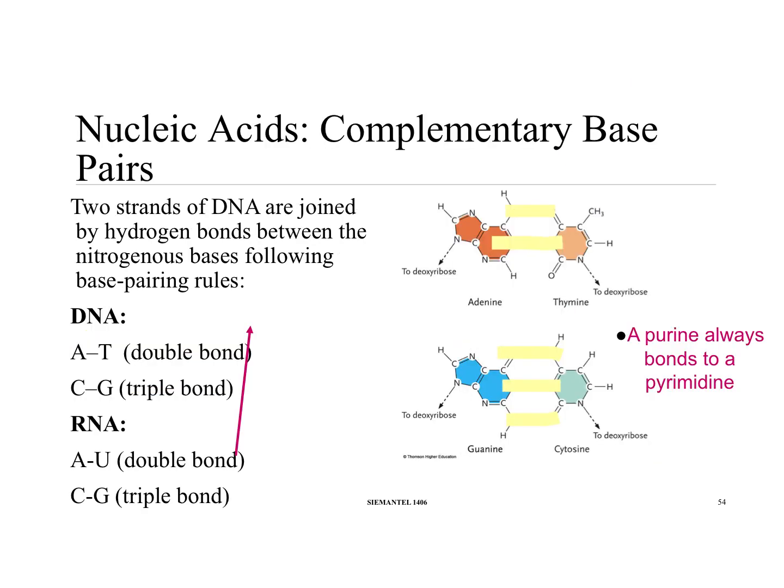Now, these nitrogen bases don't just pair up however they feel like pairing up. They have to pair up in a specific pattern, and they are held together by the hydrogen bonds between them. Okay, so we use the term base pairing rules to describe how they pair up in DNA and in RNA. Now in DNA, A and T like each other, so they pair up. And note they're held together by a double bond.